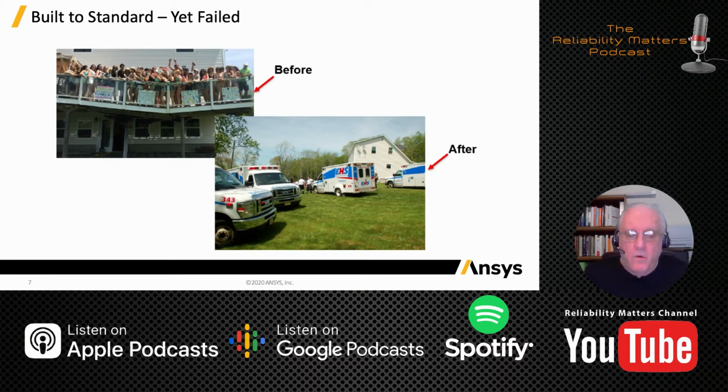But so what happened here? It was built to standard, and yet it failed. So the underlying supposition behind those building code standards is that the loads on the deck are going to be static loads. That is, they're just going to be dead weights of people on the deck or other things on the deck.